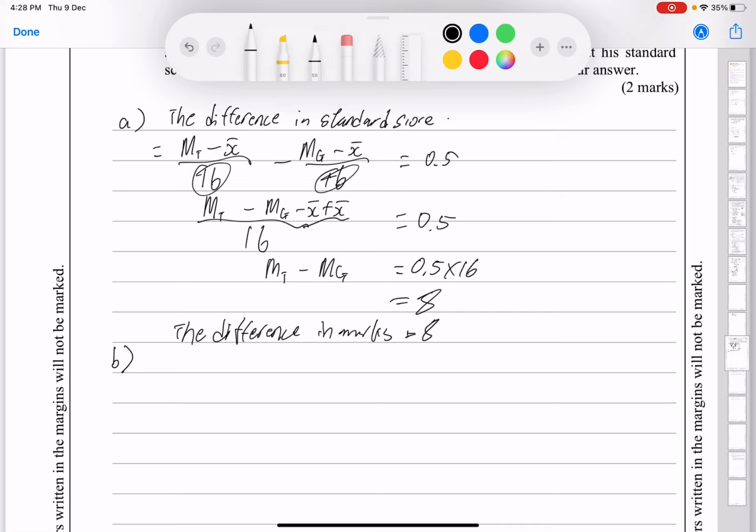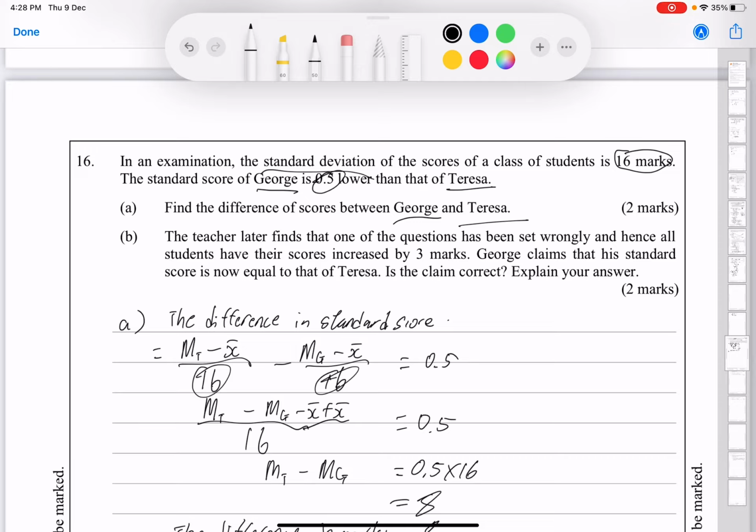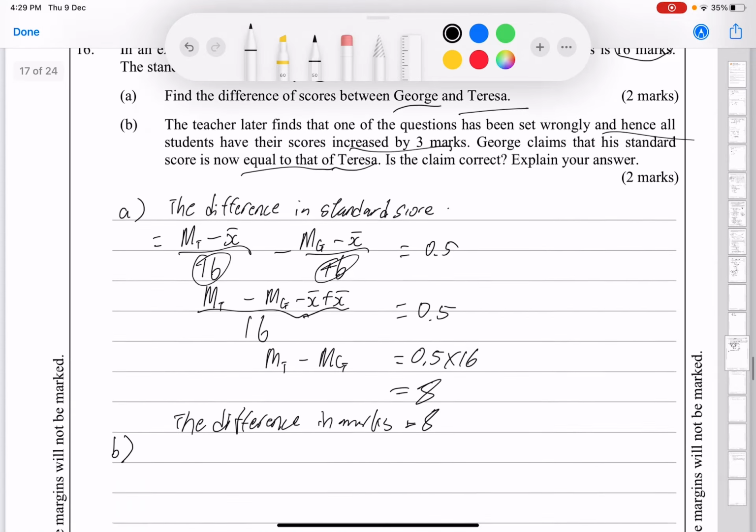Part B. The teacher later finds that one question has been set wrongly and hence all students have their score increased by 3 marks. George claims that his standard score is now equal to that of Teresa, which is quite impossible. Okay.